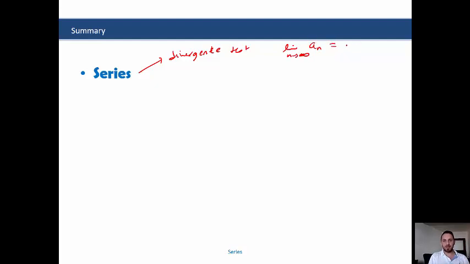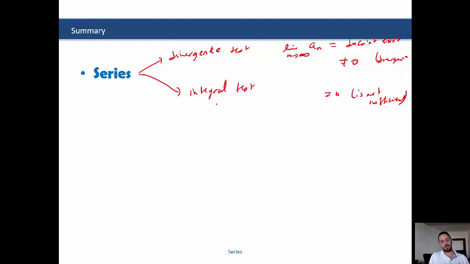If it doesn't exist or is different from 0, then you say it's divergent. If the value is equal to 0, this technique is not sufficient. You need to use a further test. One of those tests is called the integral test.